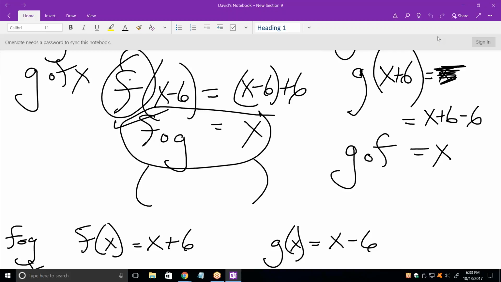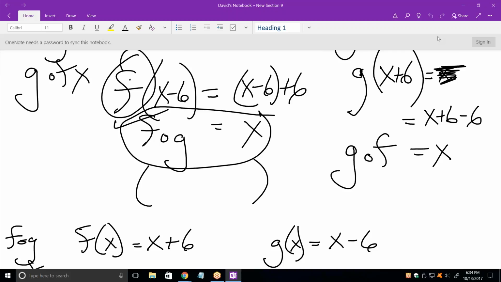The question you always have to ask yourself about domain is what numbers can I plug in for x that don't violate math rules? Math rules are you can't divide by 0 and you can't take the square root of negative numbers. For the moment, those are the only two rules you have to consider.